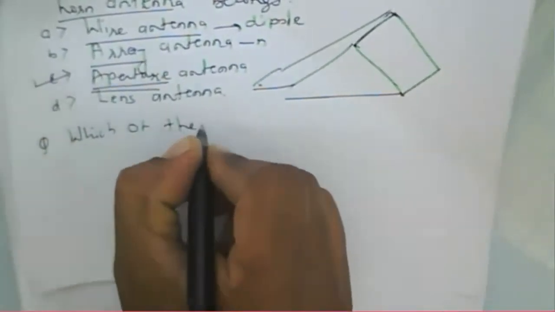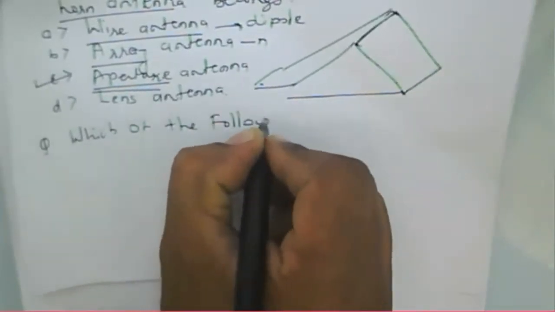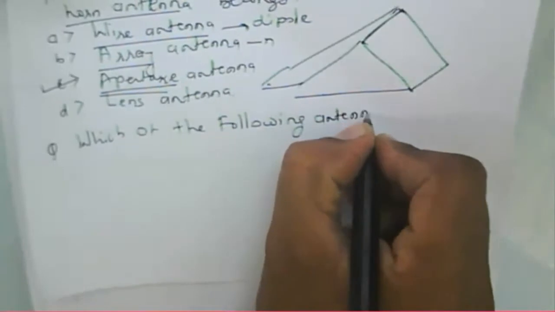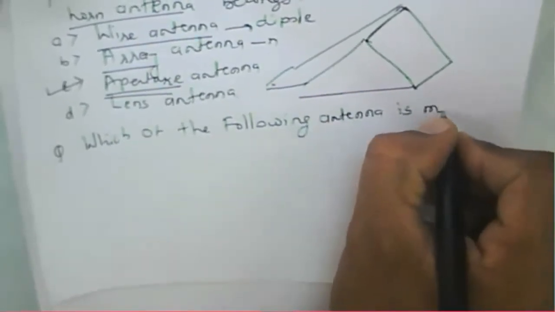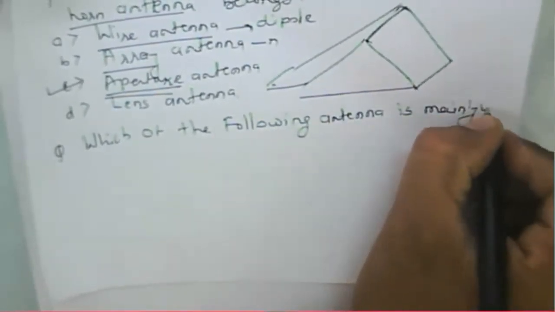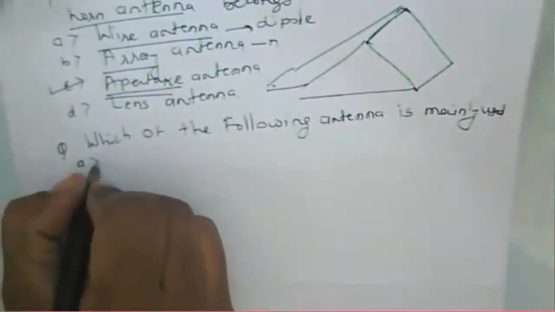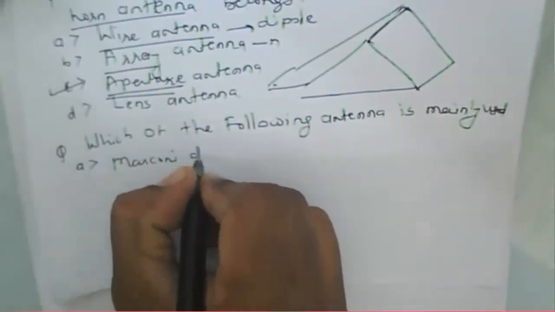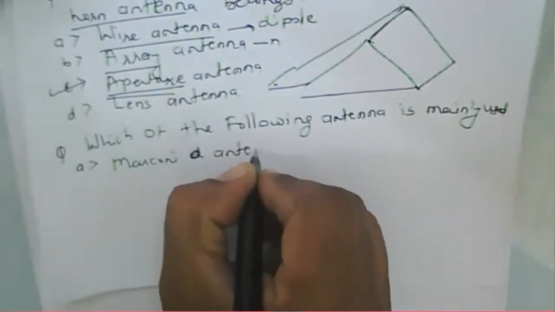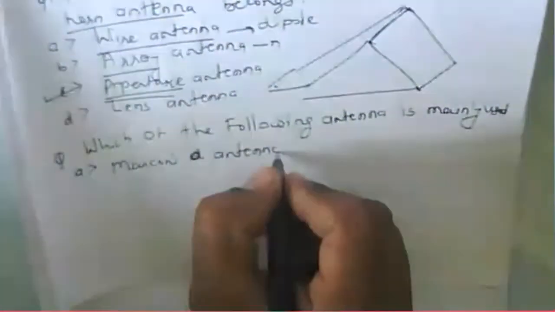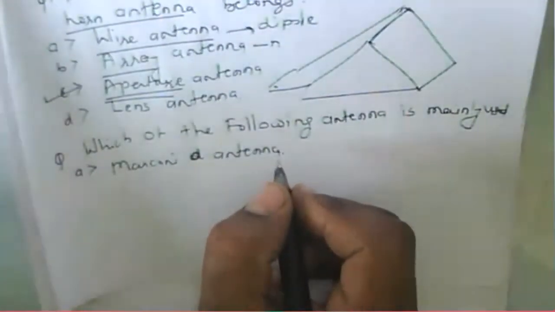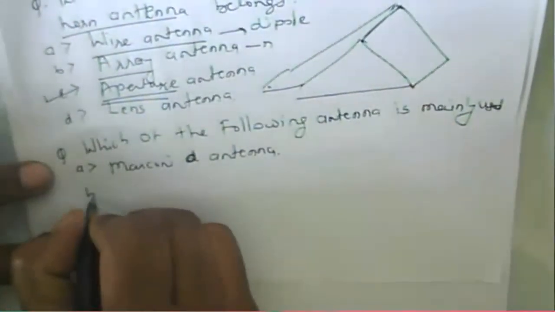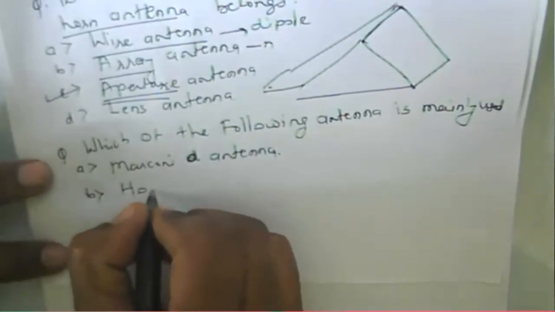Then, which of the following antennas is mainly used? A, Marconi antenna. A Marconi antenna is nothing but a dipole antenna, but the length is lambda by 4.